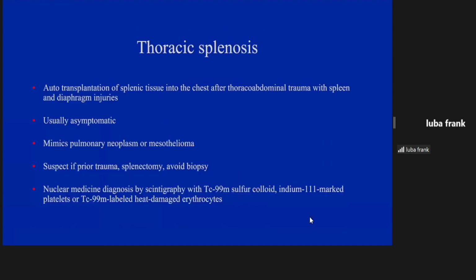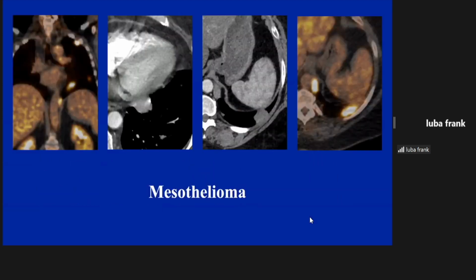The reason I'm showing you this is because here's another case that looks very similar, almost identical, with those nodules sitting along the pleura and diaphragm. But we do see the spleen here, and PET CT showed FDG avidity. This was a case of mesothelioma.